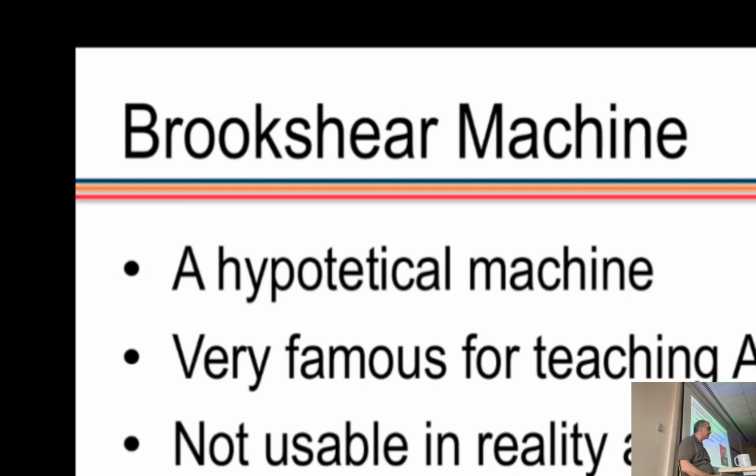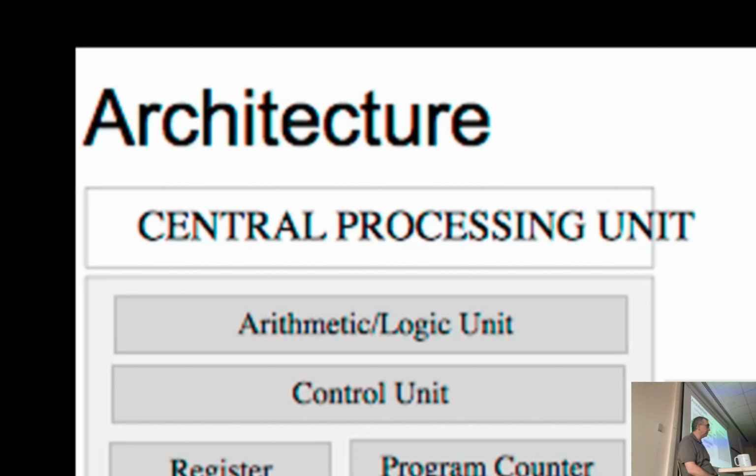So it's not a real machine. It is in the appendix. So this is the structure of our Brookshire machine or VizMachine. We have an arithmetic logic unit. These are like blocks. In reality, it is a circuit. Arithmetic logic unit block, control unit block. You have registers.